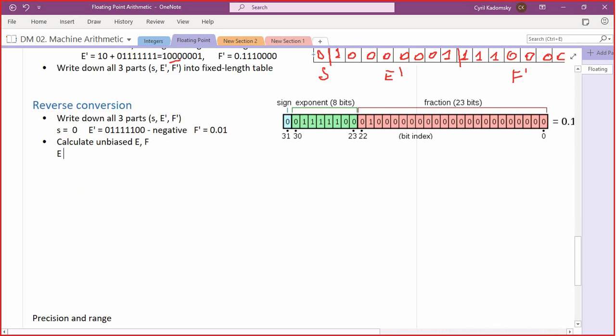E is the biased exponent minus the bias, and the fraction is the biased fractional part plus 1. This is the easiest. That would be 1, 0, 1 in binary. We just add the 1 that was removed when the number was stored.